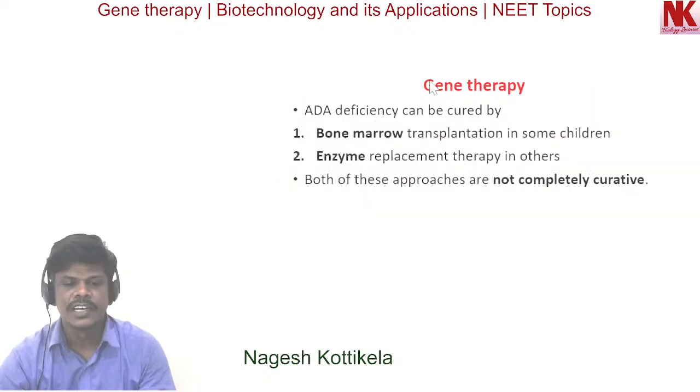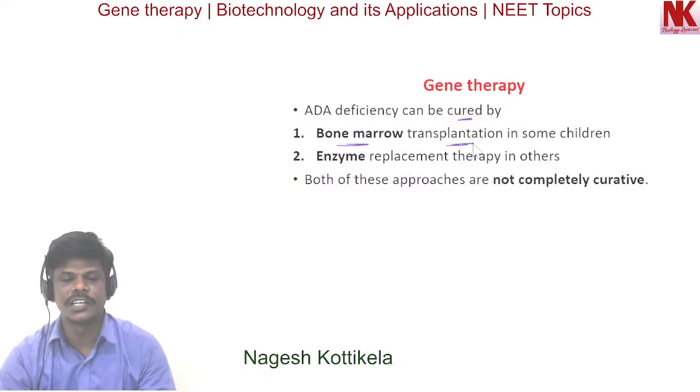Here ADA deficiency can be cured by bone marrow transplantation in some children. This is one of the strategies followed, and enzyme replacement therapy in others. These two strategies are followed, but both of these approaches are not completely curative.